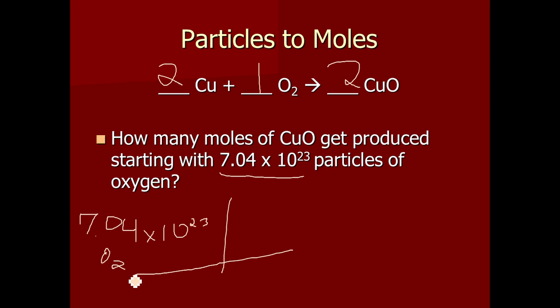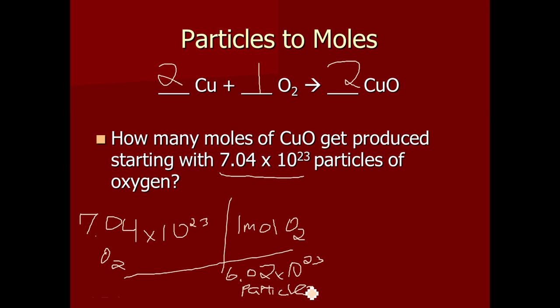Okay, set up the chart. On the top, I'm going to put 1 mole of O2. On the bottom, I'm going to put 6.02 times 10 to the 23rd particles.